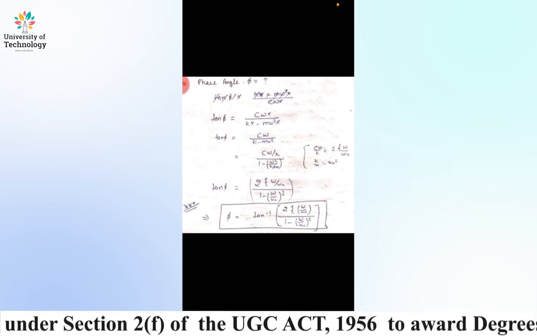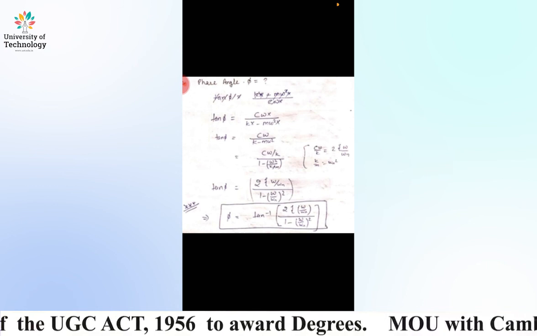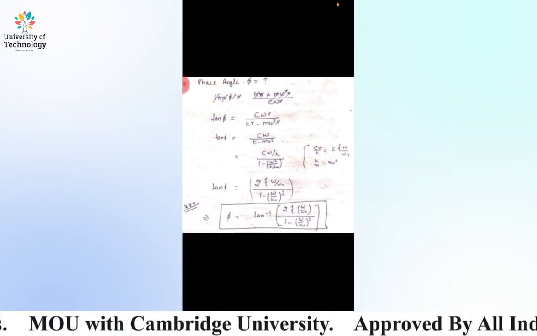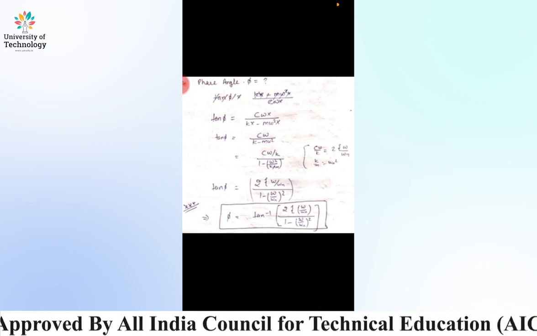Tan goes to the right side and becomes tan inverse. Then the final value of phi will be tan inverse of 2 zeta omega by omega n upon 1 minus the whole square of omega by omega n.